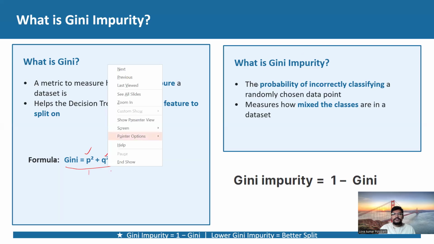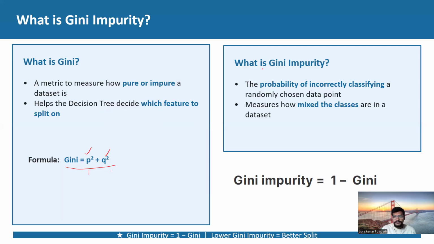Then what is the Gini impurity? The Gini impurity finds the probability of how much incorrect classification exists in your data.